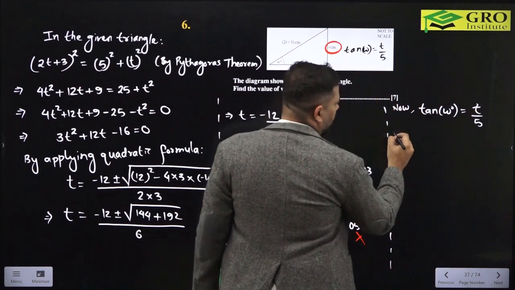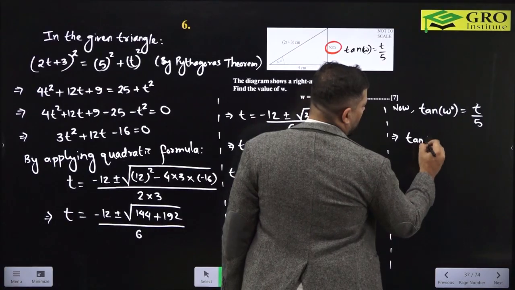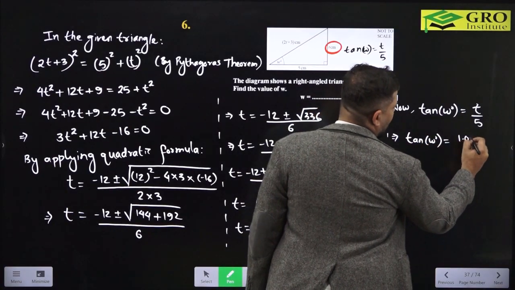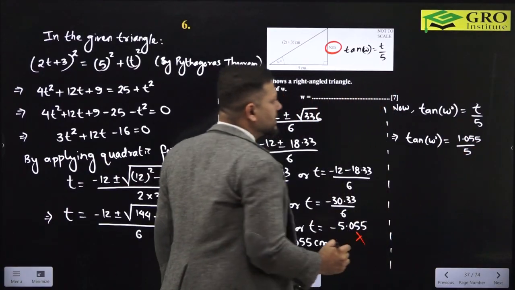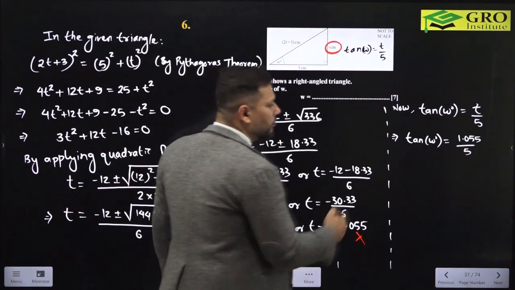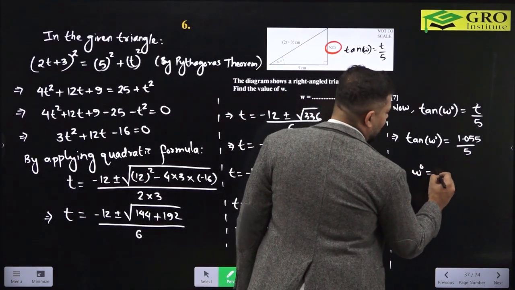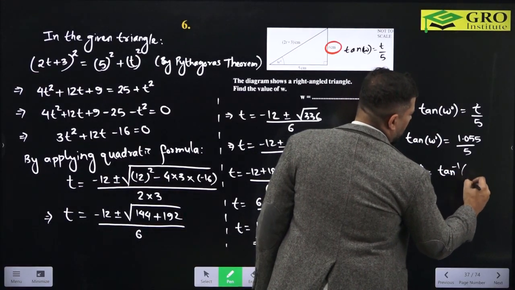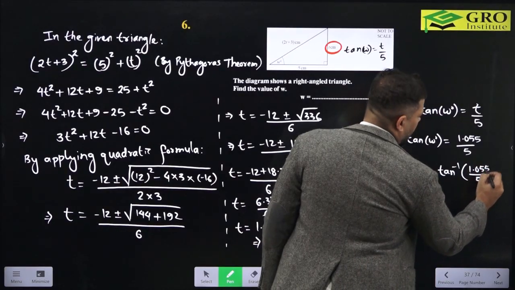We know this, and we just found out the value of t. So we are getting tan of w degrees equals 1.055 upon 5, isn't it guys? Let us take the inverse of this. So if I do this, I'll get w degree equals tan inverse of 1.055 upon 5, right guys?